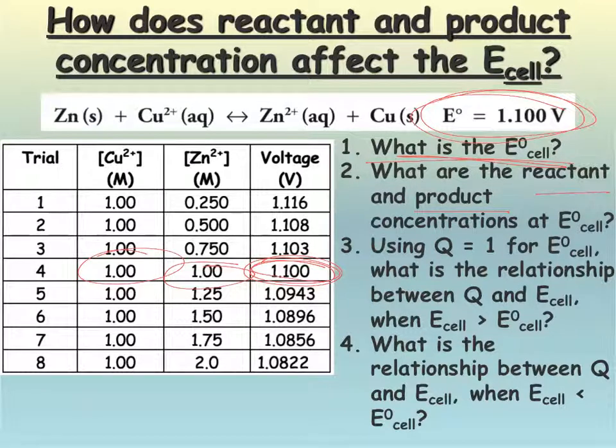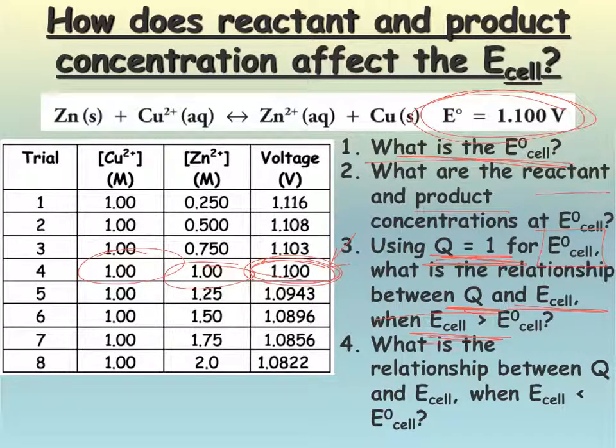So if we assign this standard potential as when our Q, our system when it's not at equilibrium, is equal to 1 when it's corresponding to the standard cell, let's look at what the relationship is between the Q and the cell potential in other cases.